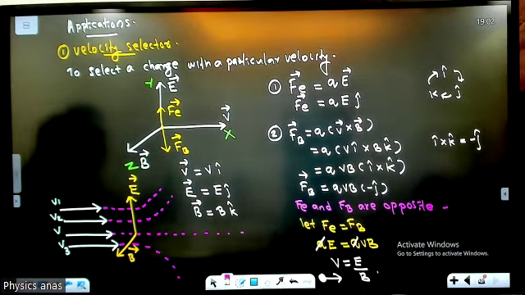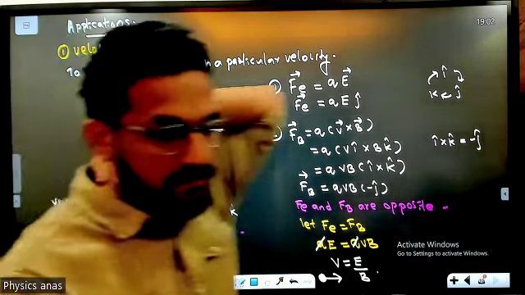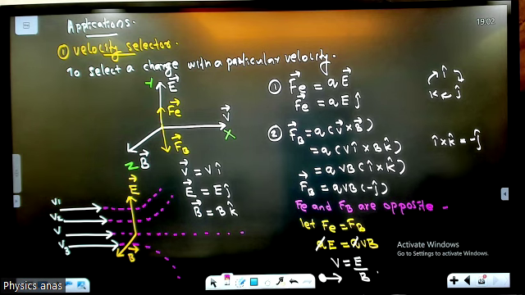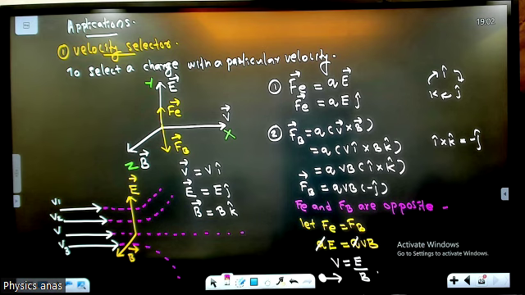Then QE is equal to QVB, so V is equal to E by B. Write that up to that point. V is equal to E by B.